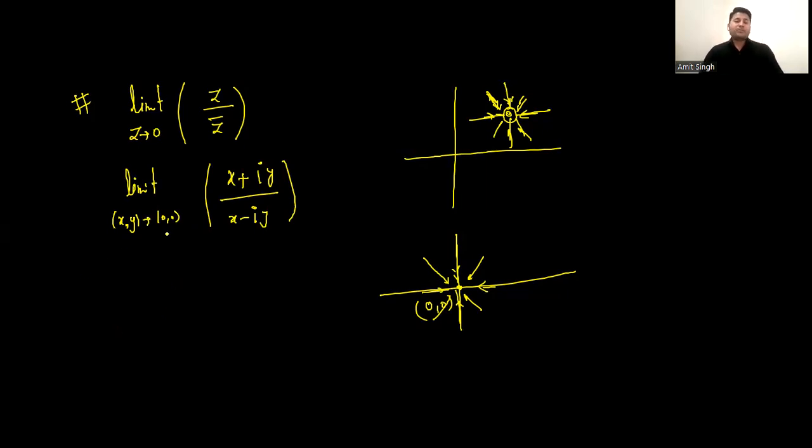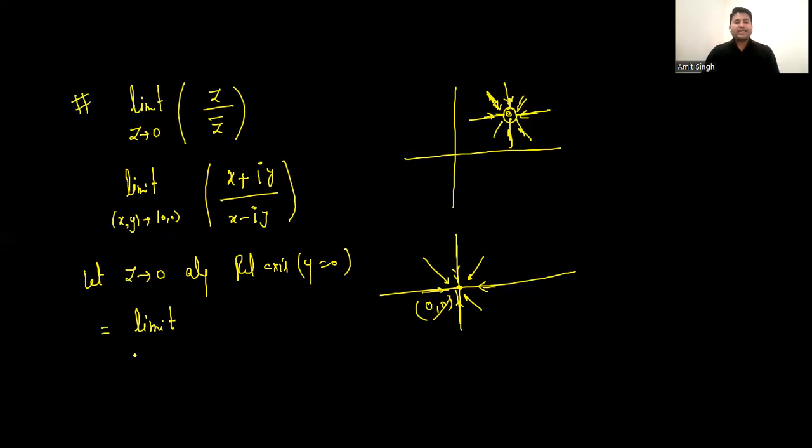Now I am choosing the path along the real axis first. So let z be tending to 0 along the real axis. Real axis means what? Where y is 0. So this is one of the paths to approach z as 0. So when I put y equal to 0, what is left?